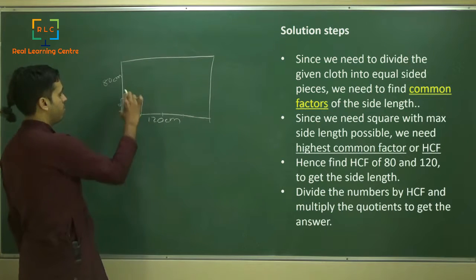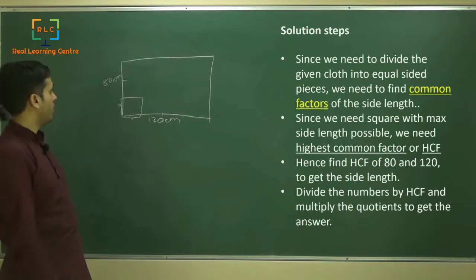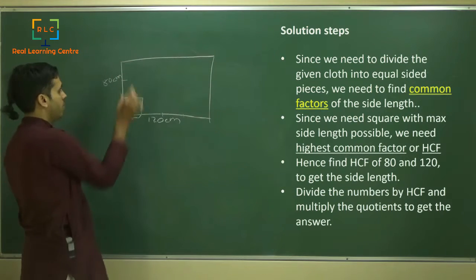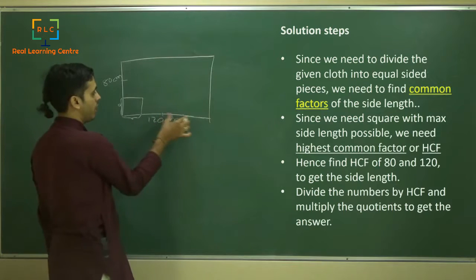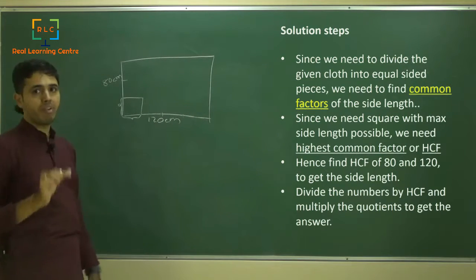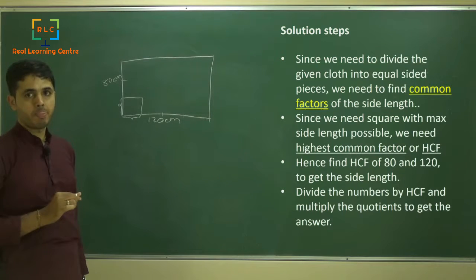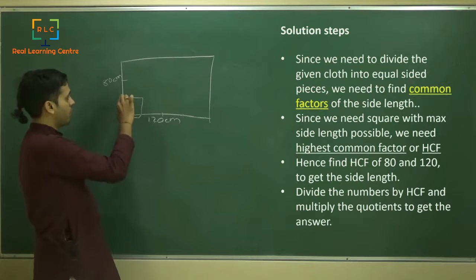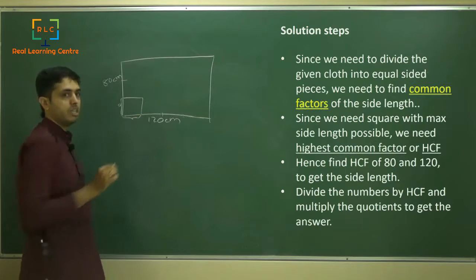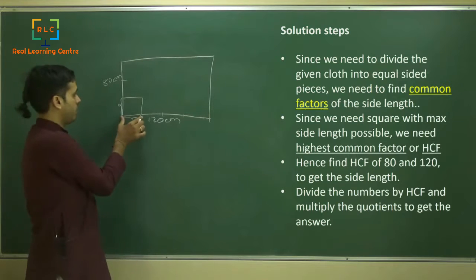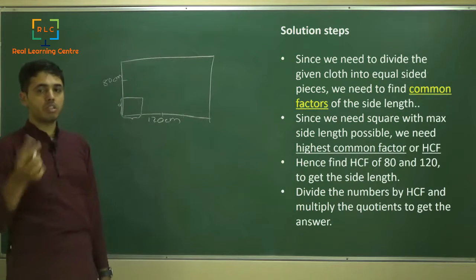Similarly, the same length is here. Since you have to divide the given cloth into equal sides, we have to use common factors, because it has to be a factor of both and it has to be the same number. That's why common factor. The length of this side must be the same as this side, so it's a common factor.